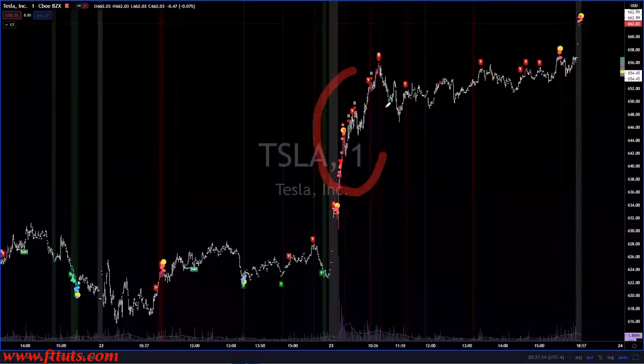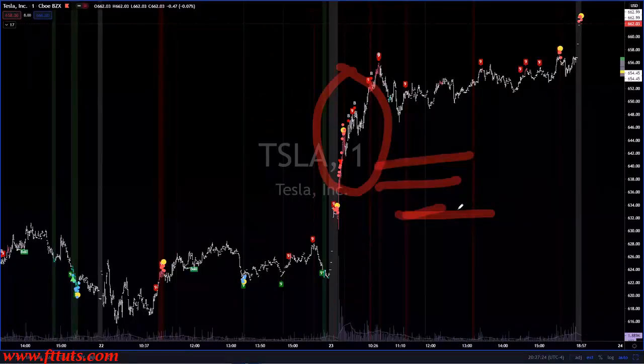You get in the middle of this, make your money, and get the hell out. That's your job as a day trader. And if you see them boom, boom, boom, one sweep after the other, just get in the middle of it, on these type of names. You guys play all these names.